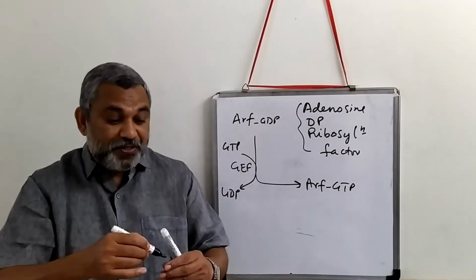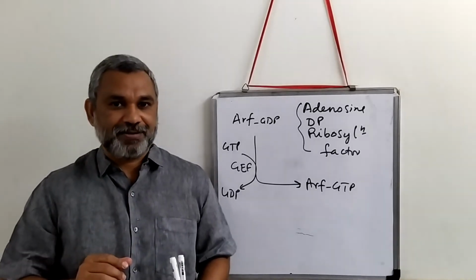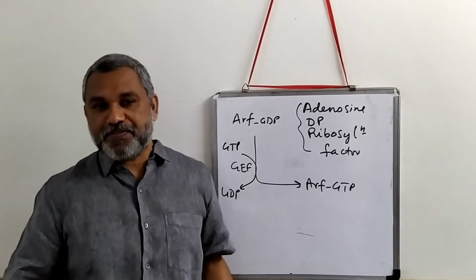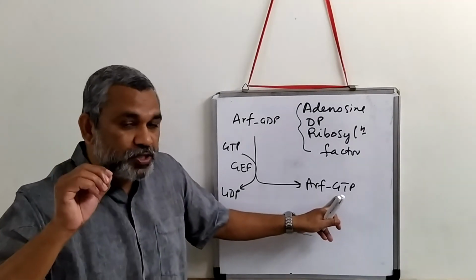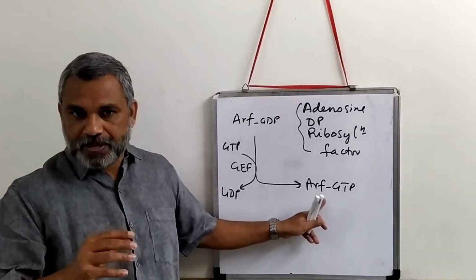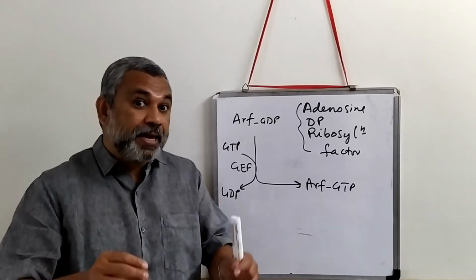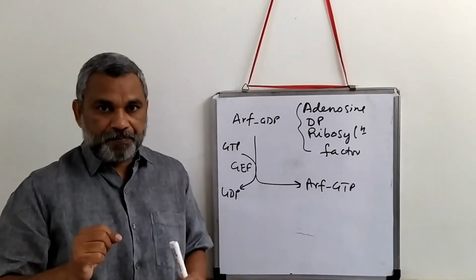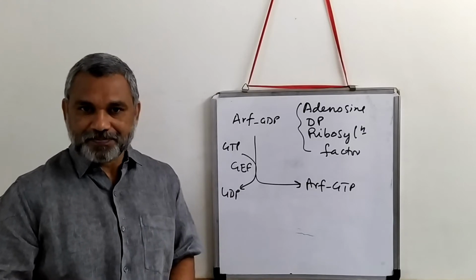Now, with the binding of GTP, charge redistribution occurs. GTP is more negative than the GDP molecule, 3 minus. Therefore, this will cause a structural modification in ARF. A conformational change occurs. What conformational change? It has an alpha chain, and the alpha chain is bound to a myristic acid.